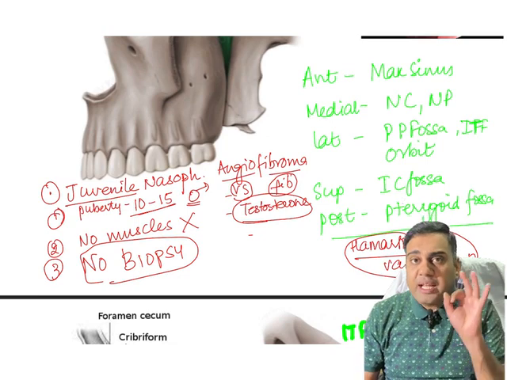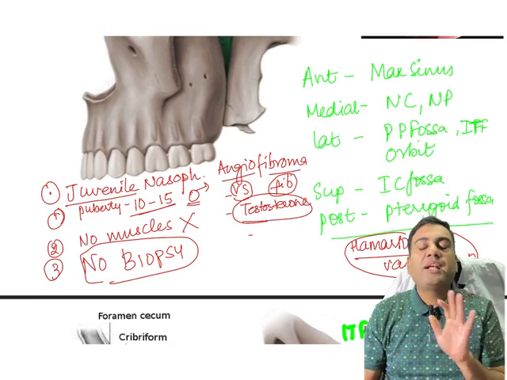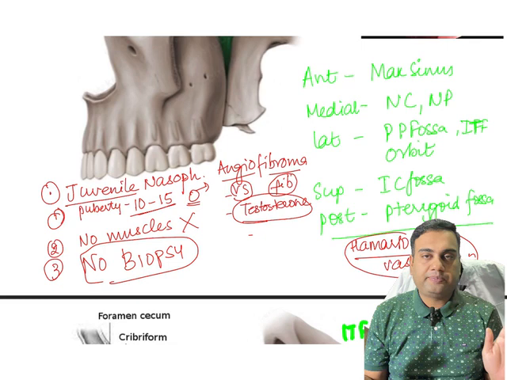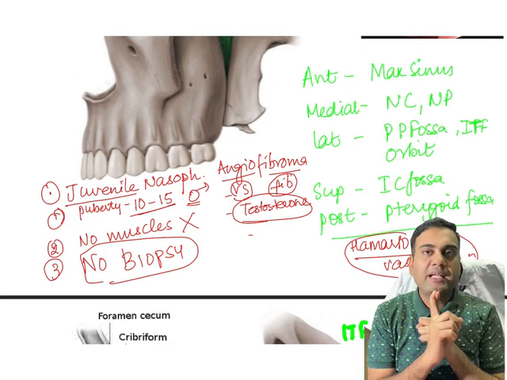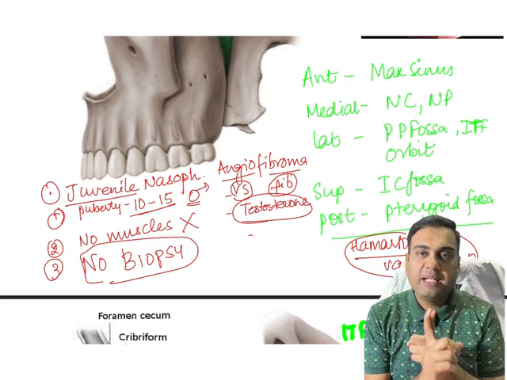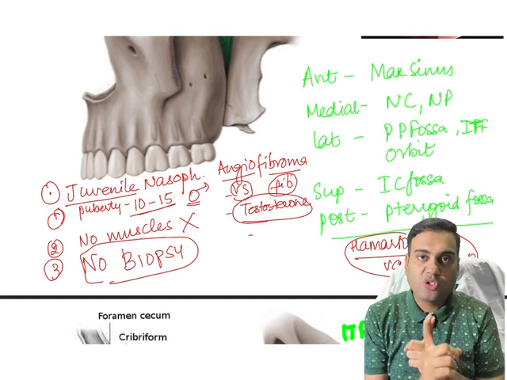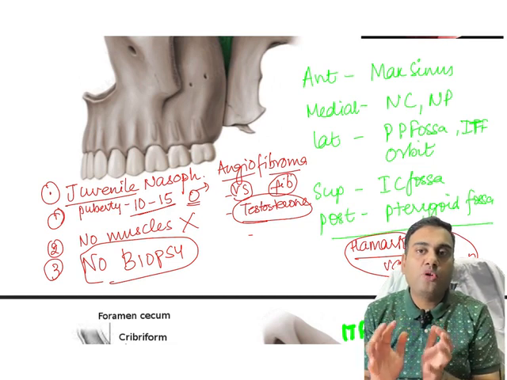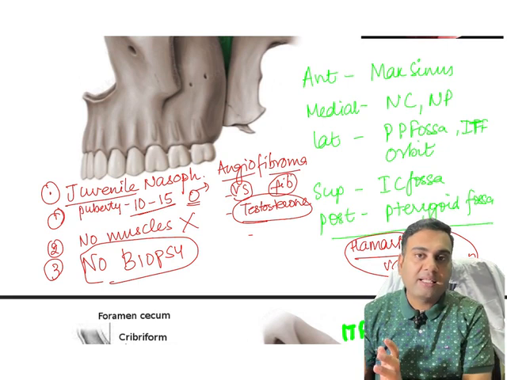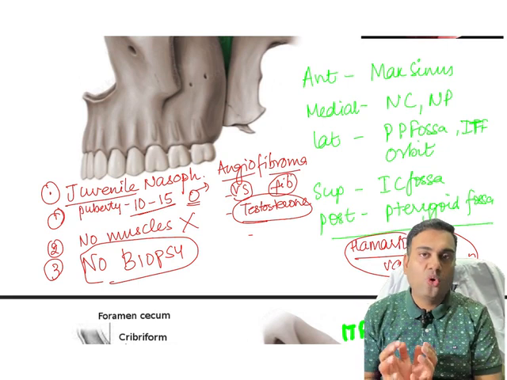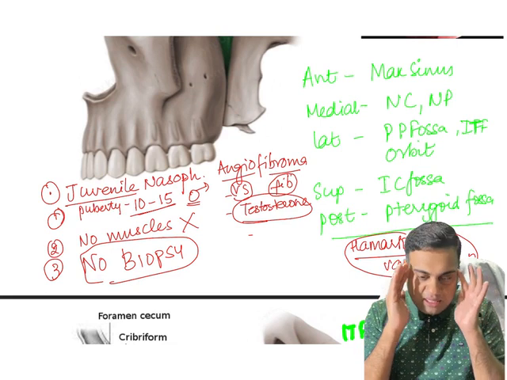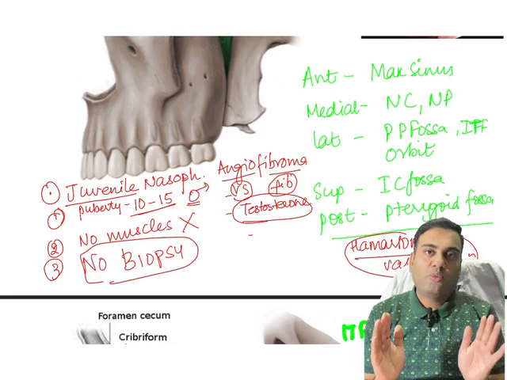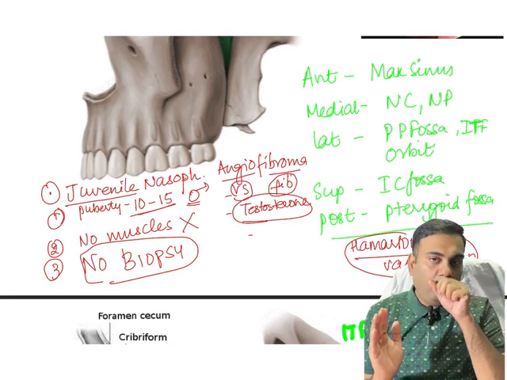So three things about angiofibroma that you cannot forget. One, it happens in adolescent males, young males में होता है. So history में अगर ये दिया गया है 13-year-old boy came to your OPD with recurrent epistaxis and there is a mass in the nose, your first thing should be angiofibroma, right?